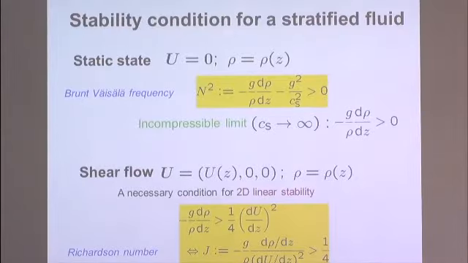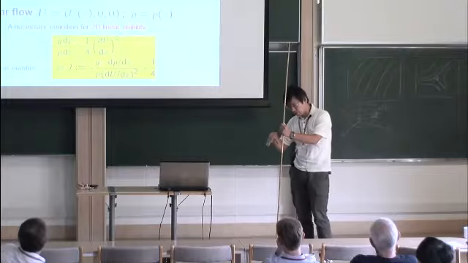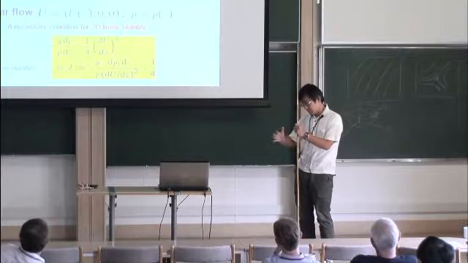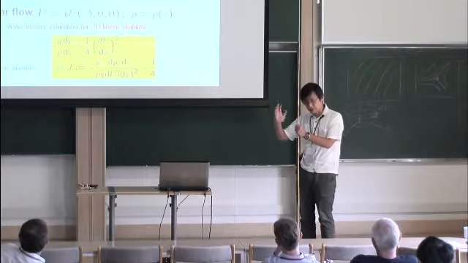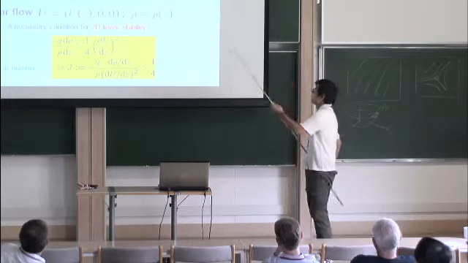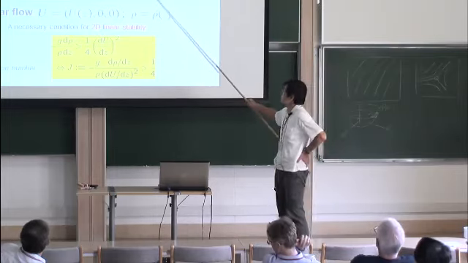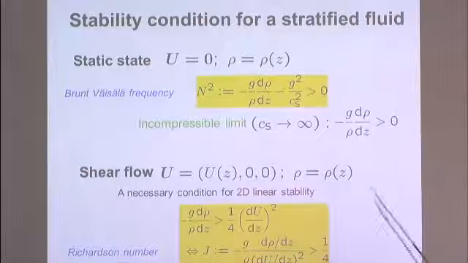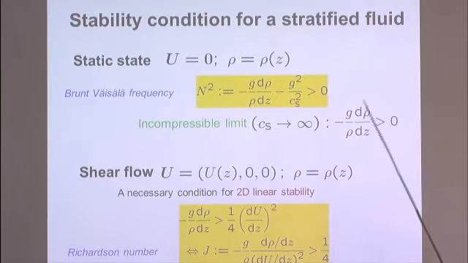Then I start with elementary knowledge. A static state is stable if density is lighter as you go upwards, and this is the condition including the compressible effect, namely that the Brunt-Väisälä frequency is positive. The incompressible limit is simply that the lighter fluid is on top of the heavier one.